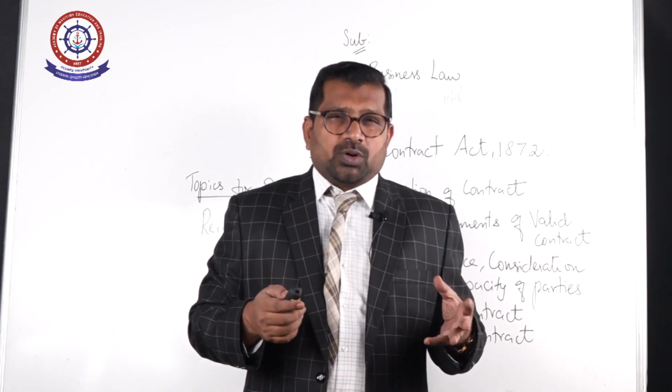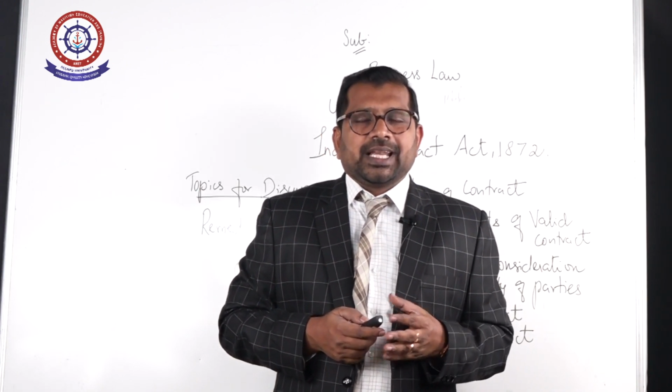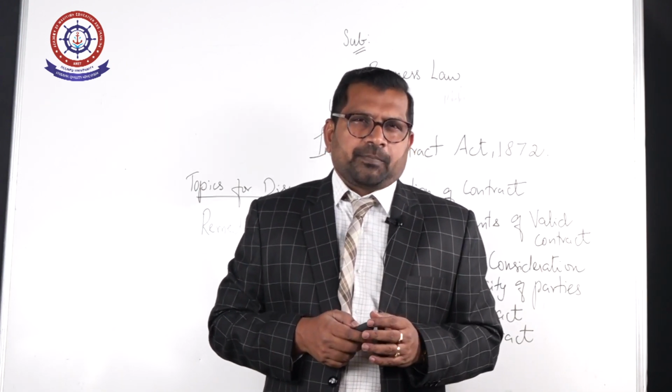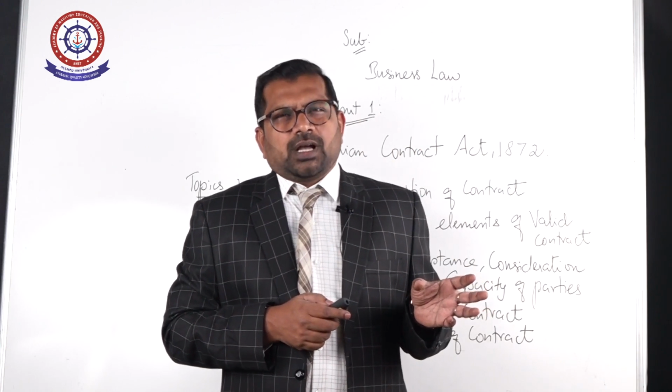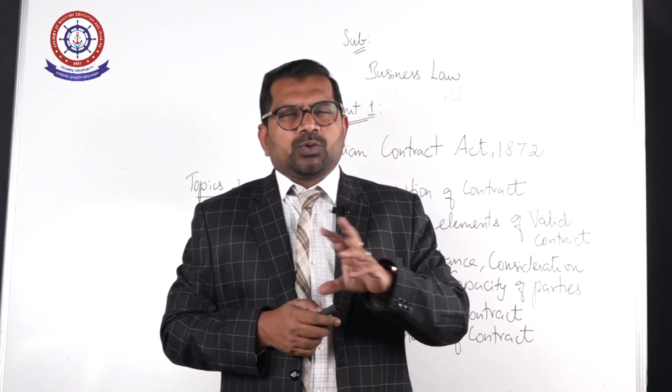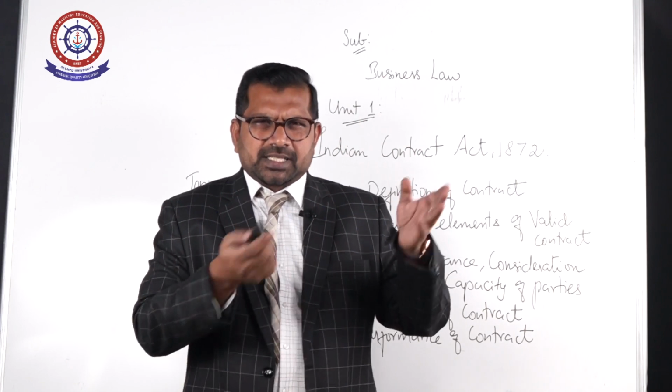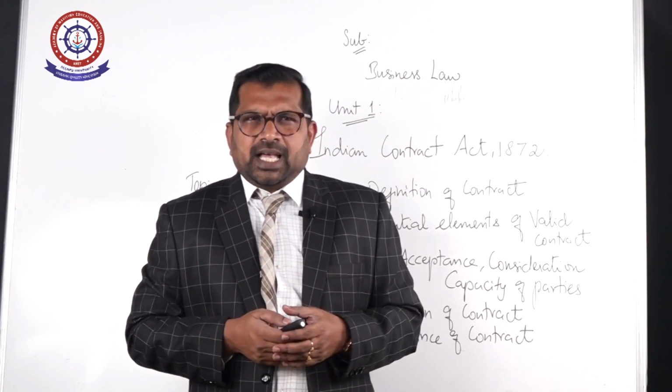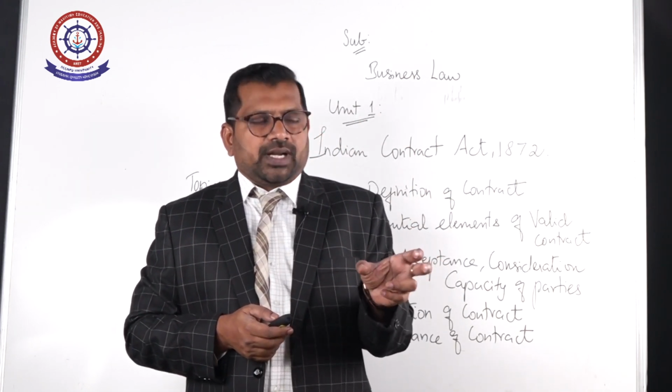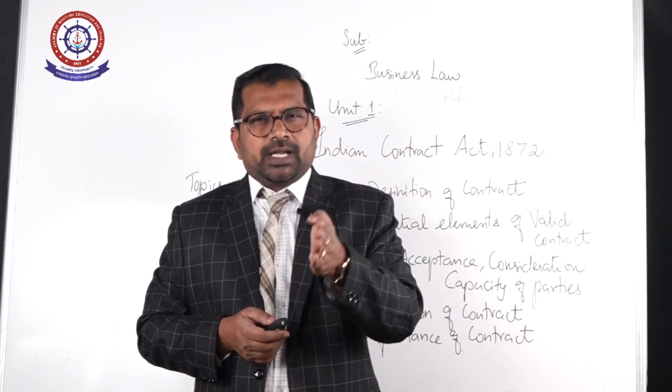So there are various points required under essential elements of a valid contract. Point number 1, offer and acceptance. There are two parties to an agreement; one is offer, another one is acceptance.